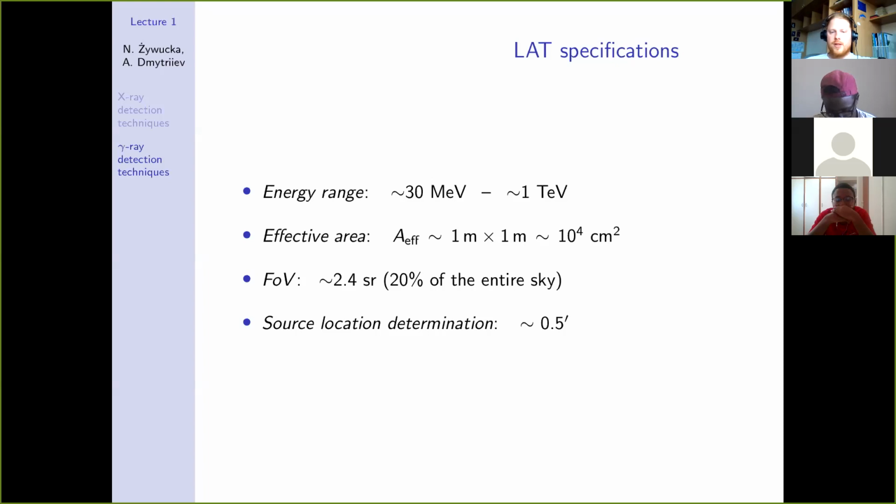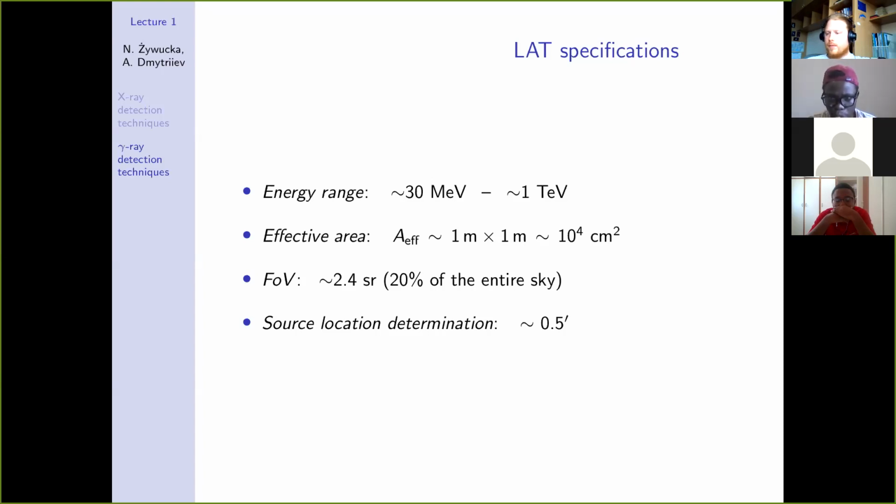So it has 2.4 steradian, which is 20% of the entire sky, not even the half sphere, but of the entire sky. So it can see many sources at once, contrary to, say, gamma ray Cherenkov telescopes, which see only 5 degrees field of view, or something around that value, so very narrow.